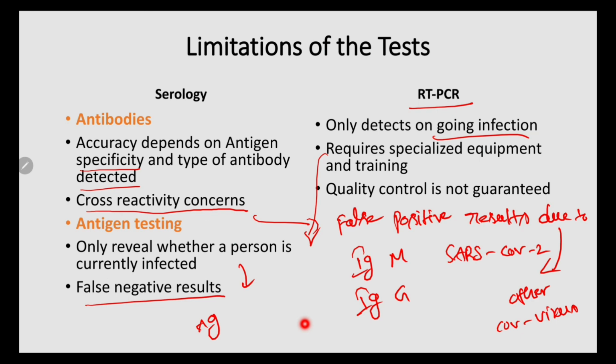Specialized equipment in the sense that separate rooms are required, biosafety cabinets for testing these samples, and PPE. Most important is the training, handling and processing of the samples. So training is very important, and quality control is not guaranteed when you are using RT-PCR. So these are some limitations of the serology and RT-PCR tests.